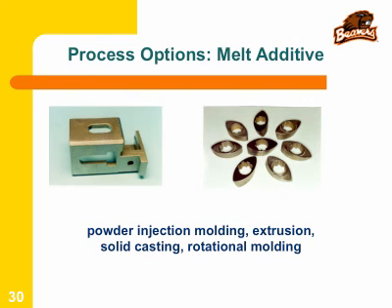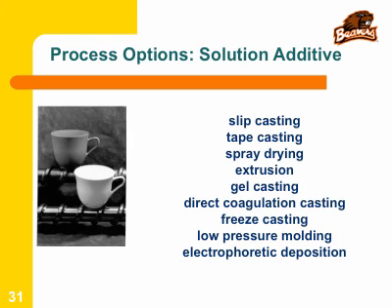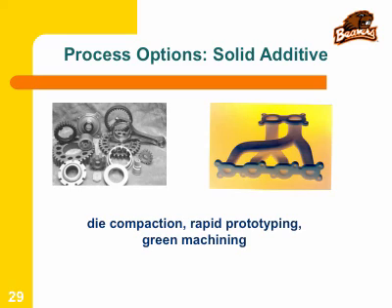So we take advantage of these principles now, right, and begin to look at them in terms of adding things to create solid additives. Die compaction, rapid prototyping, and green machining are examples where the organic additive, the small molecule or the polymer, remains in the solid state, and you can create shapes out of them with powders. Okay.